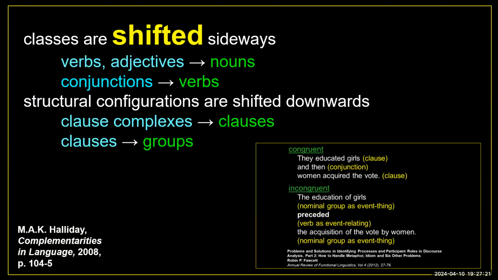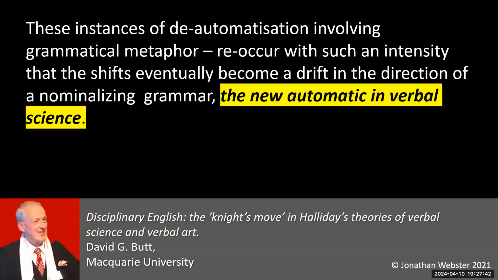Does it not exist? Do you not see much of it? I think you're going to see something when you look at the journal paper and the student's writing. But you ought to be paying attention to this idea of what is grammatical metaphor. Verbs and adjectives becoming nouns, conjunctions becoming verbs. This is what you see normally in academic writing.